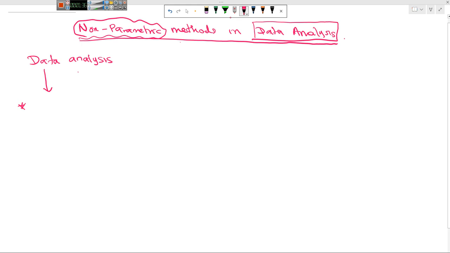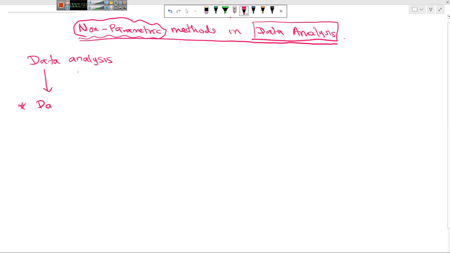So data is a raw fact, or it can be a figure, or it can be an observation, and we usually collect the data from various resources, right? So we can collect the data from surveys, we can collect the data from databases, even we have online repositories from which we can download the data, right?